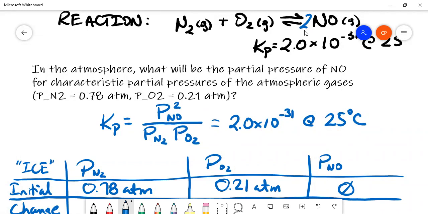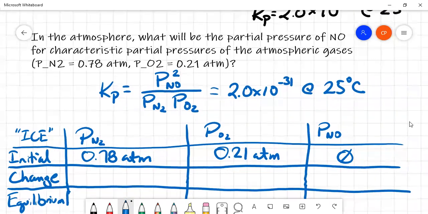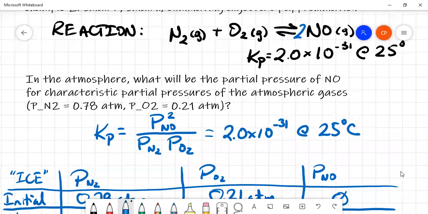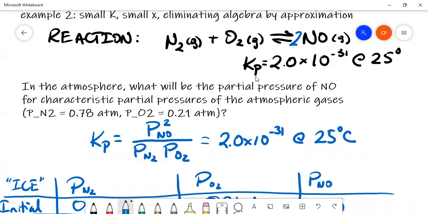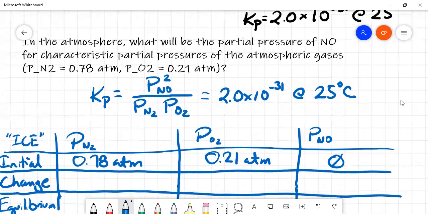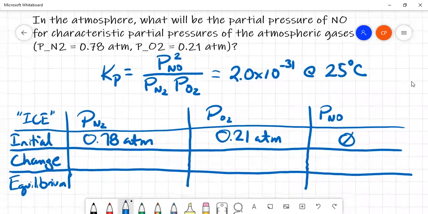I'm making NO. So the positive change in this story had better be the change on NO. But this time, for every one part of N2 and O2 I'm reacting, I'm generating how many parts of NO? 2. So I need that reflected in the change line of my ice table.